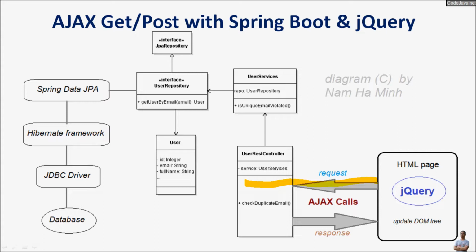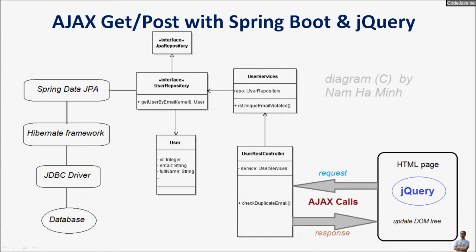be invoked. The REST controller depends on a service class that depends on a repository class, and Spring Data JPA provides the implementation for the repository, and Spring Data JPA uses Hibernate framework, which uses the JDBC driver to talk with the underlying database.